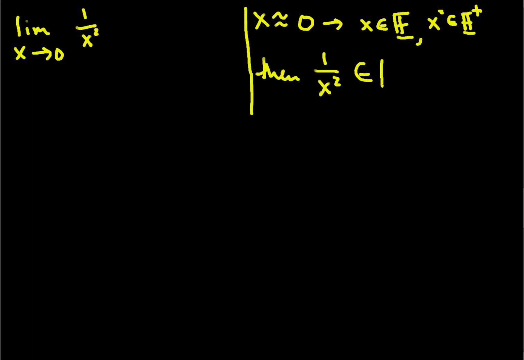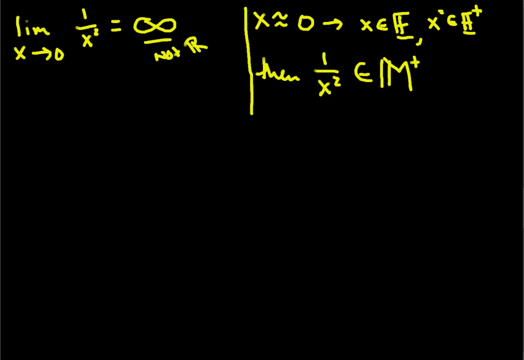And so this is in the set of positive infinite numbers. And since that's an infinite number, we could say that this then is equal to infinity. And again, we're abusing the sense of infinite because this is not a real number.